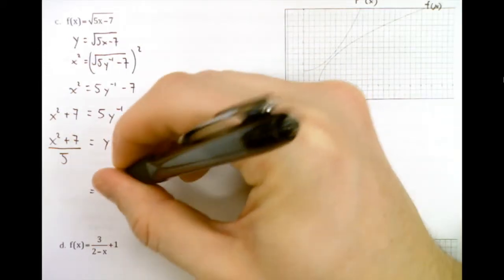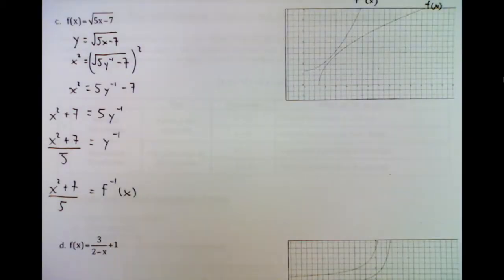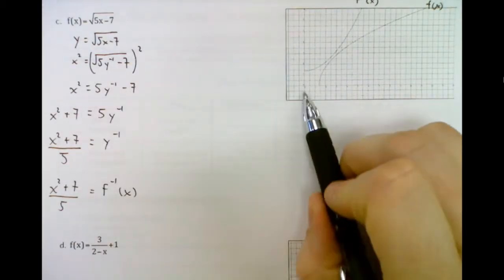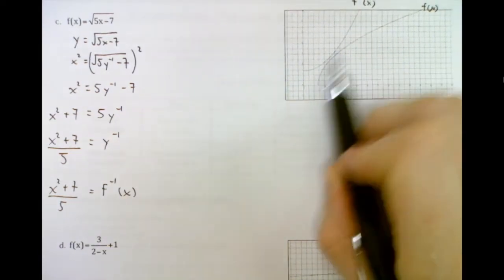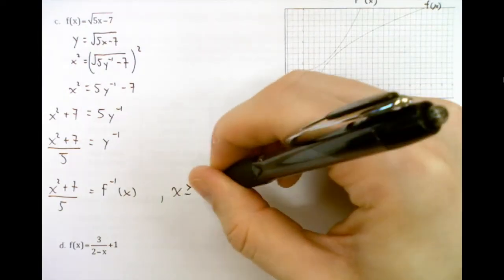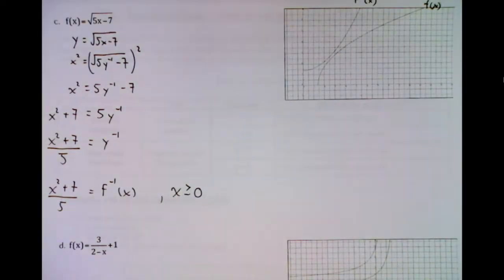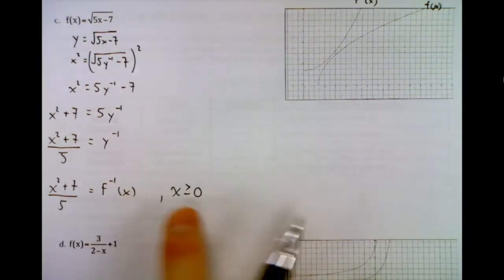Our inverse function is x squared plus 7 over 5, but it only exists when x is greater than or equal to 0. It only has this part of the branch. So we would say x must be greater than or equal to 0. And this shows us that we have a function that's quadratic, but we only have the one branch.